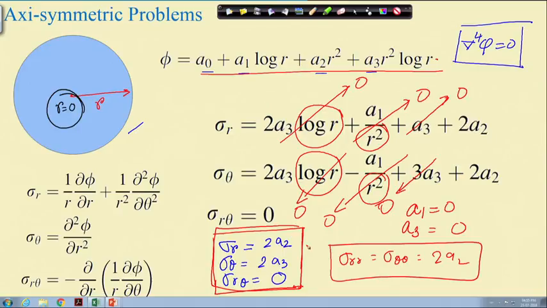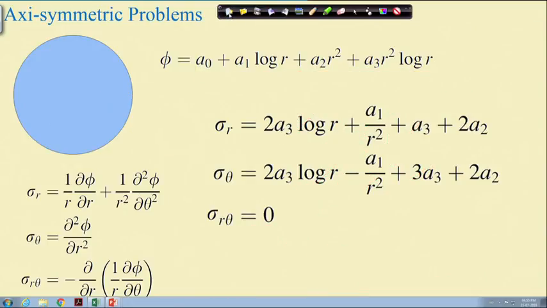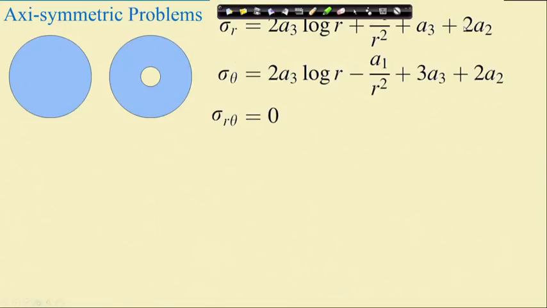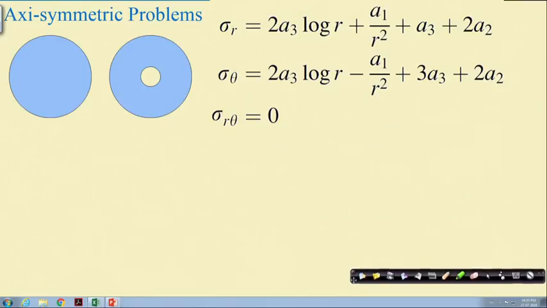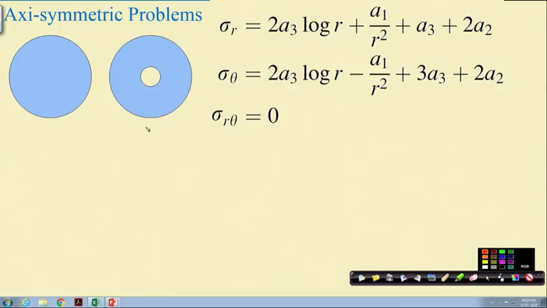This information we get from this. Let us go beyond this information, go deeper and see what other information this gives us. Interestingly, if your domain is different, if the domain is like this, then r is equal to 0 does not belong to this domain.